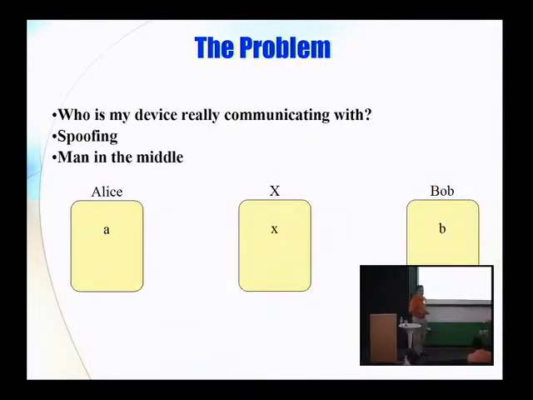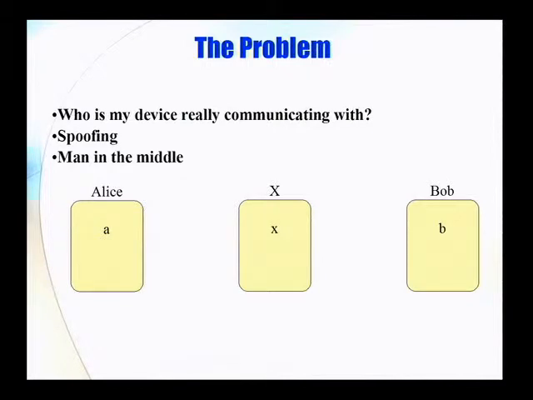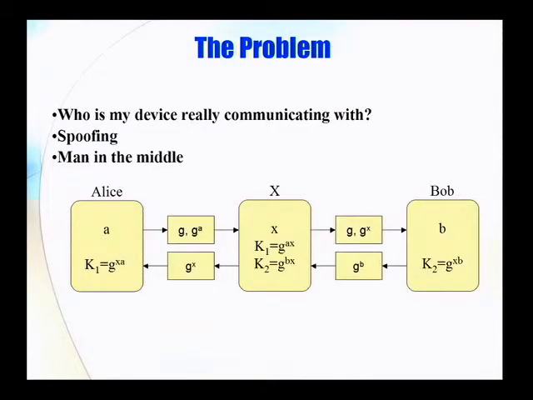Another possibility, actually more likely, is a man-in-the-middle attack, where Alice and Bob are still both working, but we have a third party that will actually authenticate with both, and will be able to see all the communication as it goes from A to B without either of them knowing. In this particular case, in reality, Alice authenticates with the attacker X, and Bob does the same.